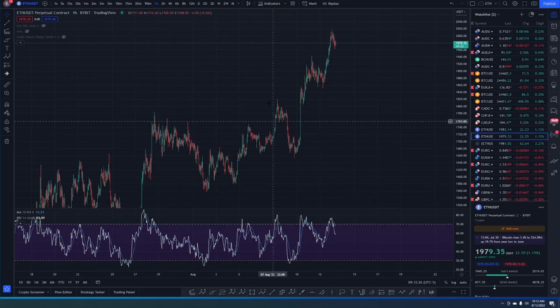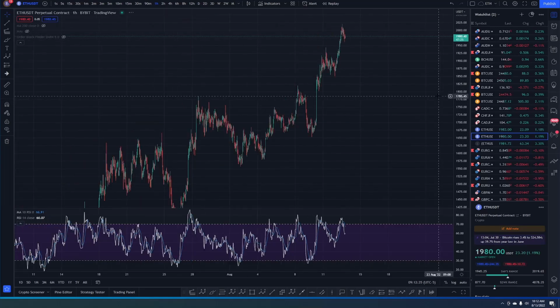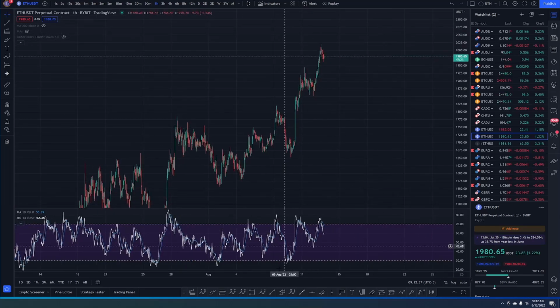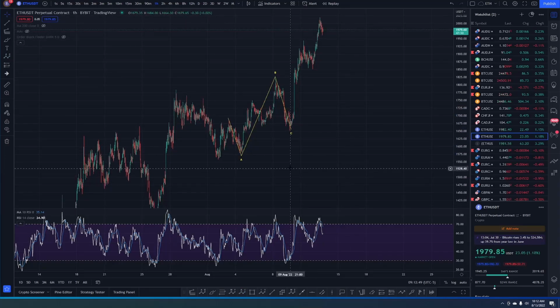But anyway, you got this little wave here. It seems out of nowhere, and you're like, okay, what is that? The only thing I can do with that that makes any sense to me is I got a running flat right here in the middle, A, B, and that's a 5-wave C. There's a running flat. And if that's a running flat, then okay, there you go. But still, what do we got here?